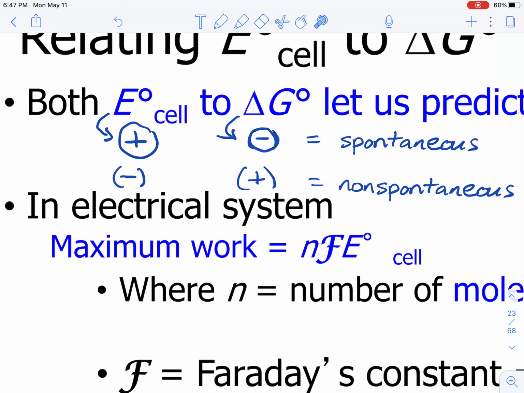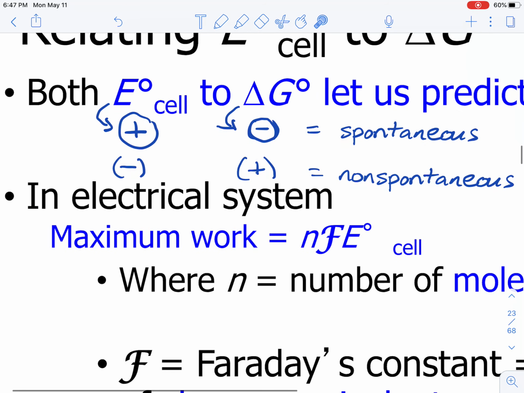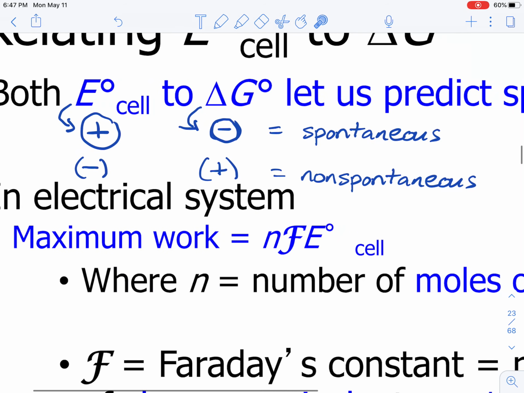If you are getting conflicting directions in terms of the spontaneity of the reaction, then you need to check your work, because that's an indication that some type of mistake has been made, whether you did not incorporate your negative signs or something else.